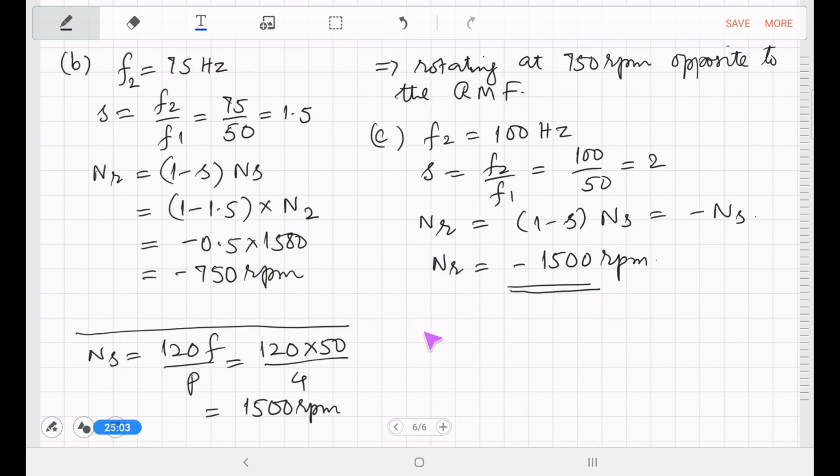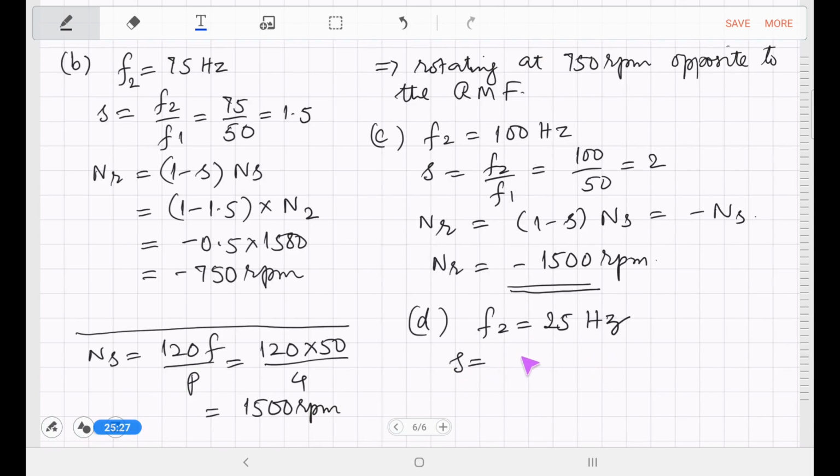And then for part D, F2 is equal to 25 Hertz. Now the frequency desired across the slip rings is lesser than the frequency of the applied voltage, and quite obviously the rotor must be rotated in the direction of the rotating magnetic field at a speed lesser than synchronous speed. And let's try to find it out.